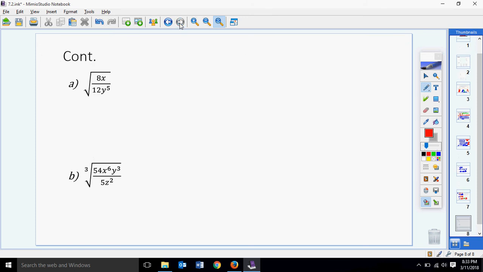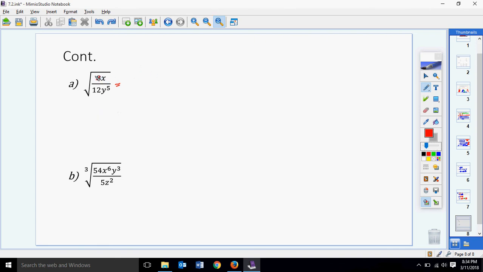Last two. We have a fraction underneath our radical, so we need to fix that. I'm going to split this up into the square root of 8x over the square root of 12y to the 5th. And actually, before I do that, I do notice that I can simplify my 8 and my 12.